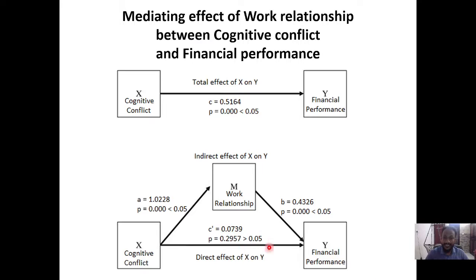Look at only the p-value. Ignore C, A, B, all those other values. Is it significant or insignificant? It is insignificant because the p-value is above 0.05.